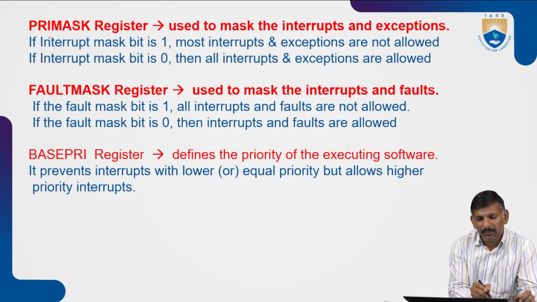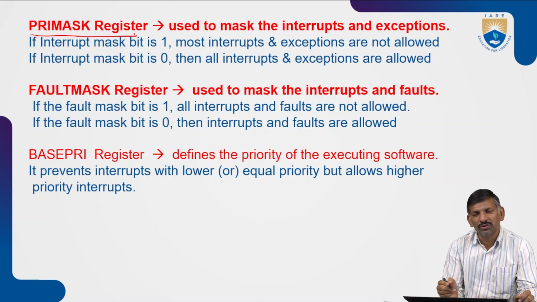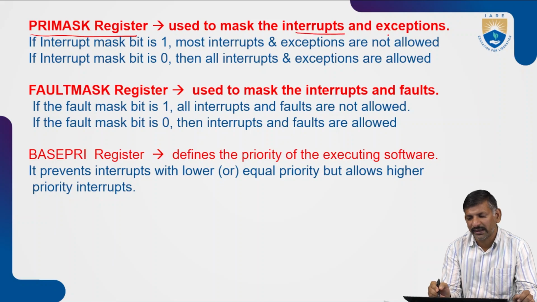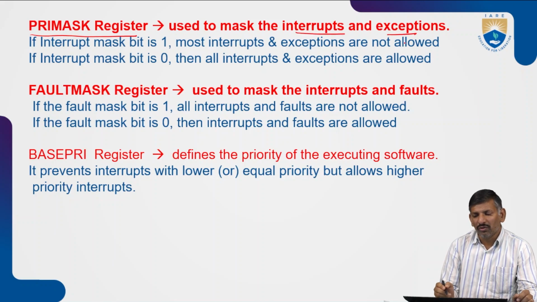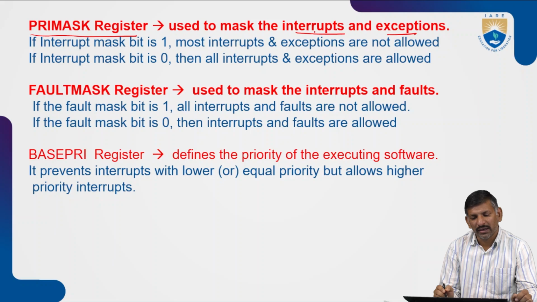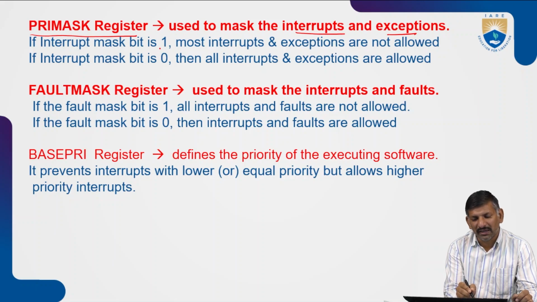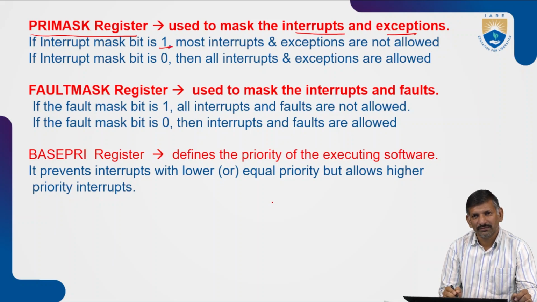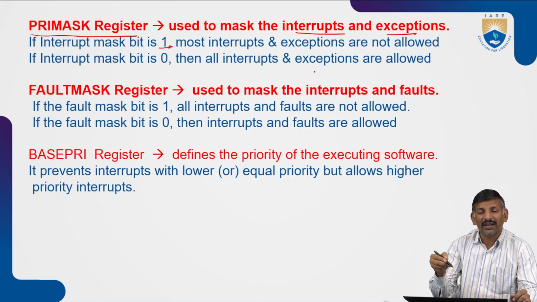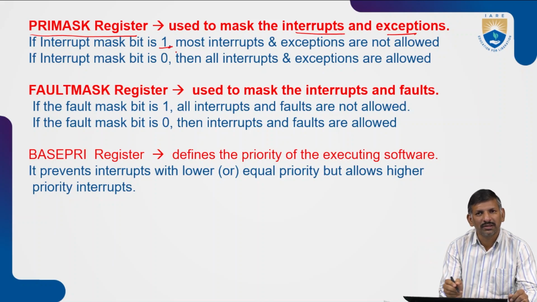Suppose the primary mask register is used to mask the interrupts and exceptions. If you don't want to allow the interrupts at that time, the primary mask bit will be 1. By default it is 0, meaning it allows all the interrupts and exceptions. Whenever we want to stop those interrupts and exceptions, we set the interrupt mask bit to 1.